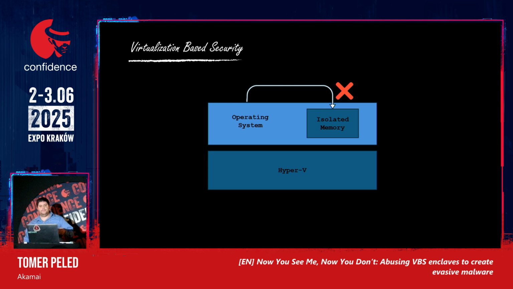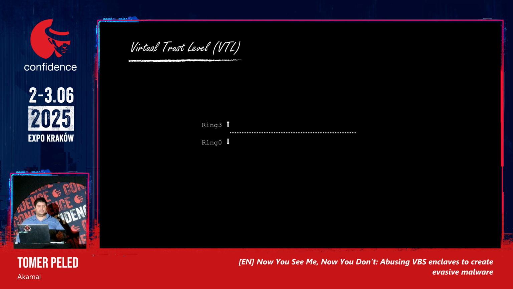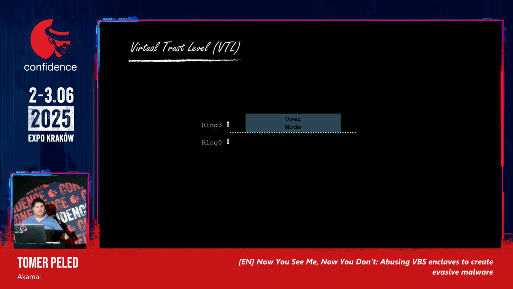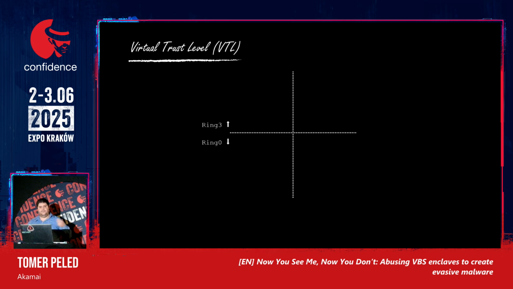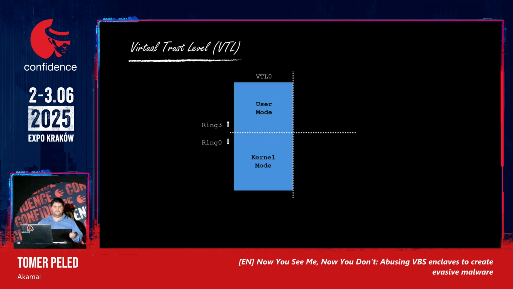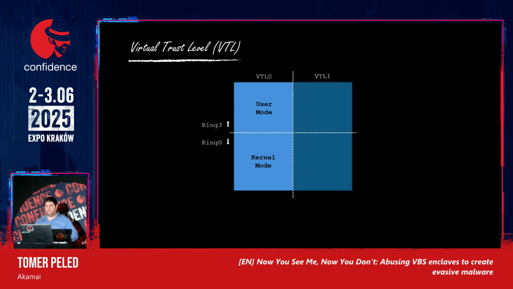In order to implement this new security boundary, Microsoft has also renamed their ring 3 and ring 0 into VTL. So in normal Windows operation before VBS, in ring 3 we have the user mode, and in ring 0 we have the kernel mode. This will be called VTL0 with VBS. Now, with VBS, we will also have VTL1.